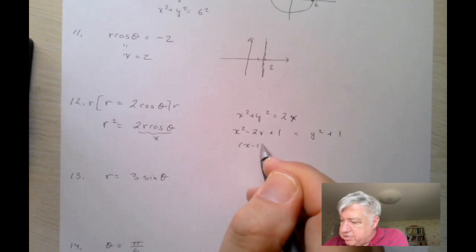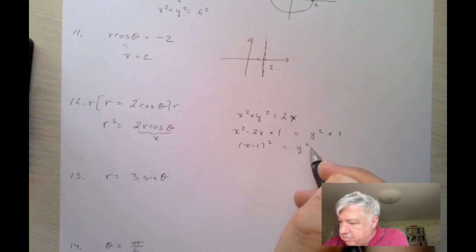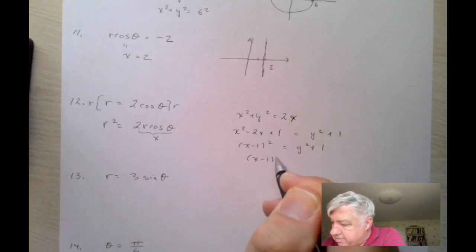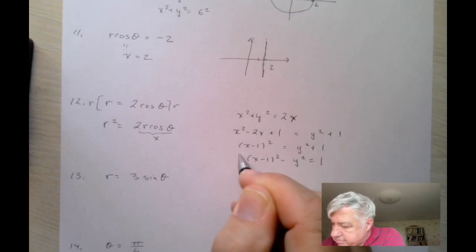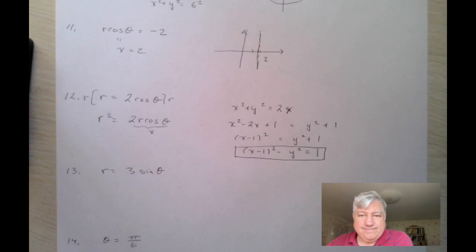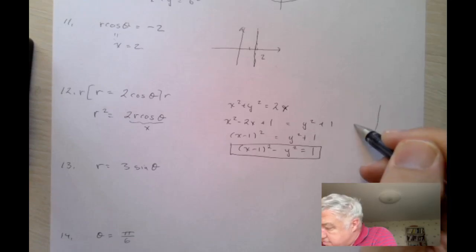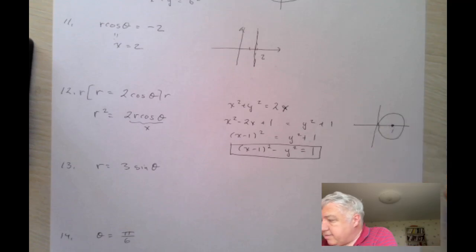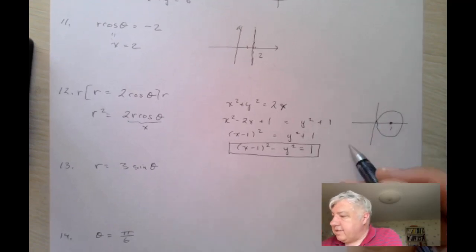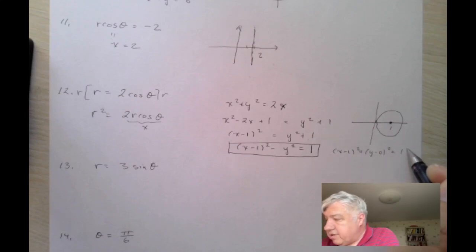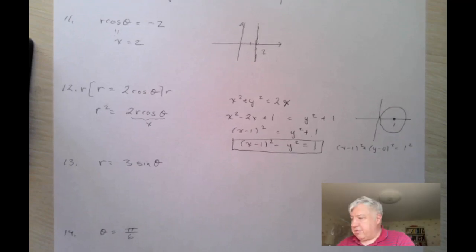This is x minus 1 squared plus y squared equals 1. And guess what? This is a circle of radius 1 centered at (1, 0). It's going to look like this, because it's the same as x minus 1 squared plus y minus 0 squared equals 1 squared.